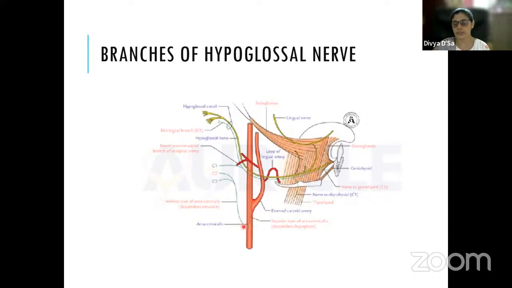Through that, it also supplies three muscles: the inferior belly of omohyoid, sternohyoid, and sternothyroid. The superior belly is supplied by the superior root of the ansa cervicalis. So these are the branches of the hypoglossal nerve.